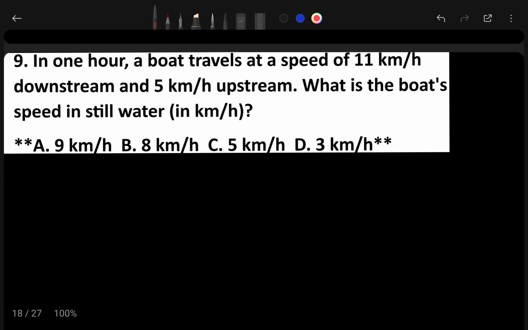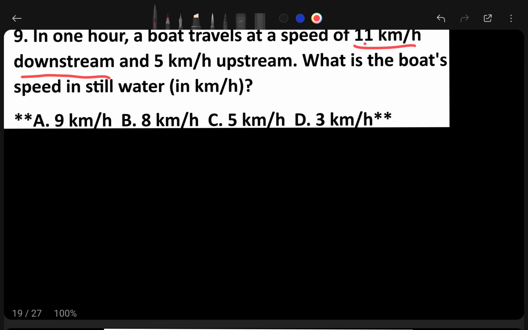In 1 hour, a boat travels at a speed of 11 kilometers per hour downstream. We know the formula for downstream is u plus v is equal to 11, and upstream is 5. If he's going upstream, the stream is against him, so u minus v is 5.